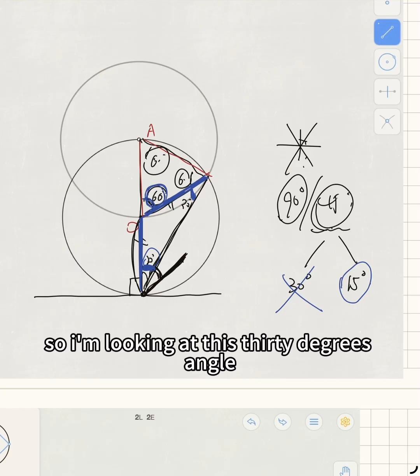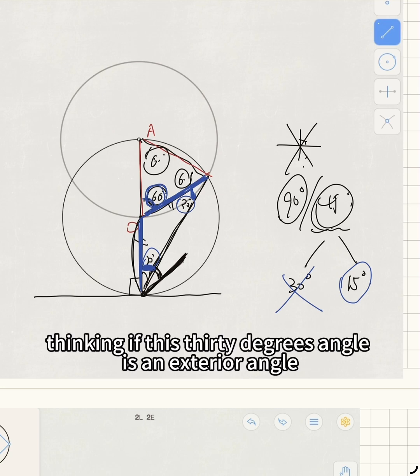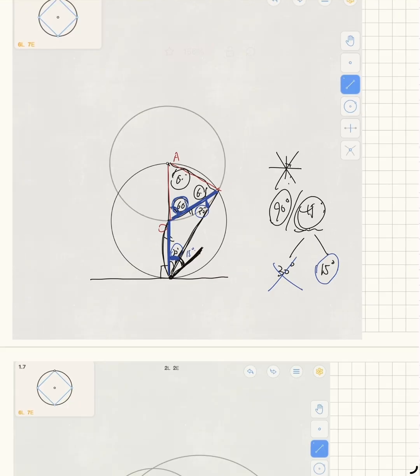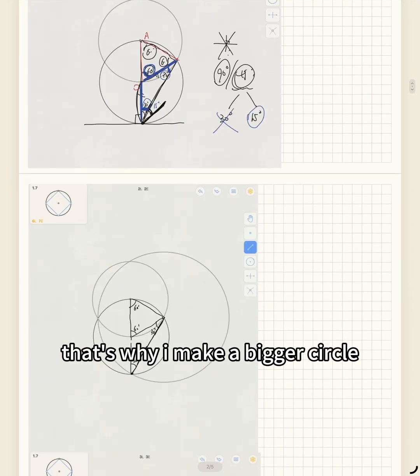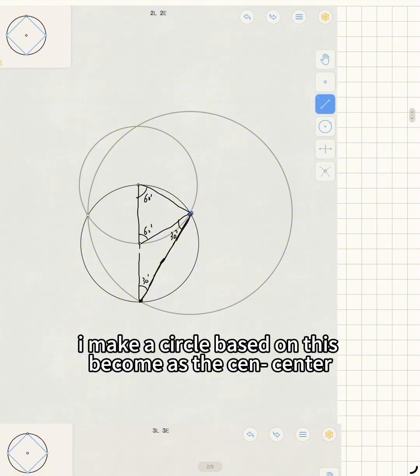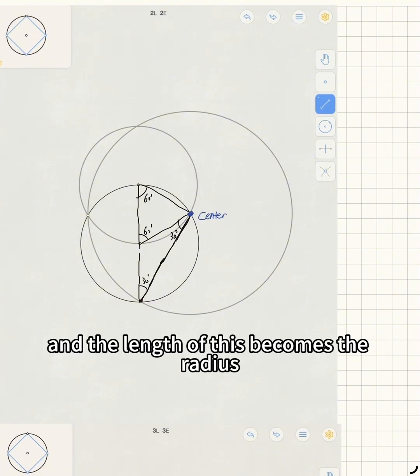So I'm looking at this 30 degrees angle, thinking that if this 30 degrees angle is an exterior angle, then I would be able to find this 15 degrees angle, right? That's why I make a bigger circle. If you look here, I make a circle with this as the center, and the length of this becomes the radius.